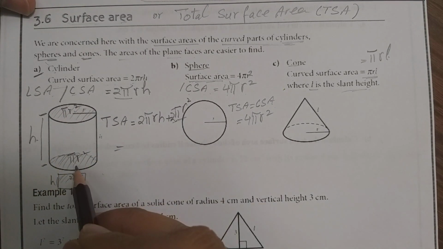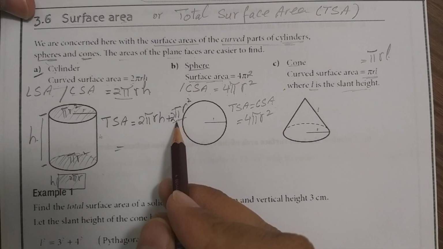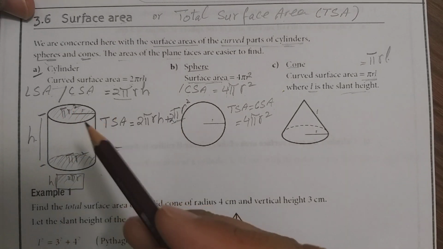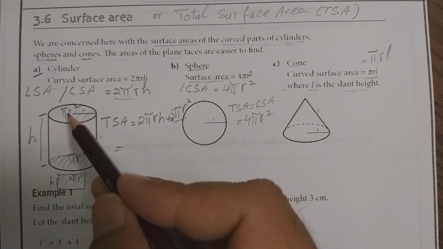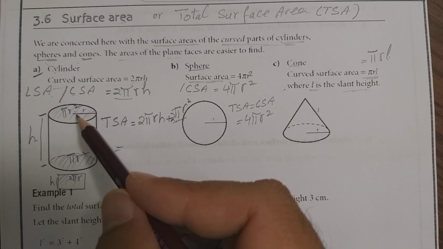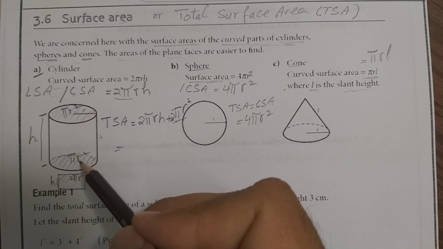So 1 pi r square, 1 pi r square, there are 2 pi r square. So this becomes the total surface area. It means we add the area of the curved part, the top and the bottom.